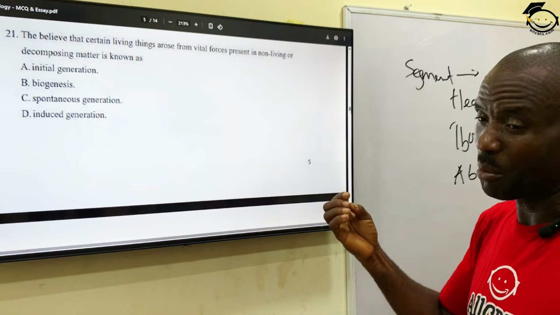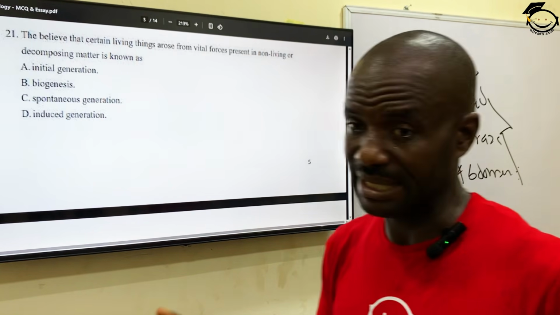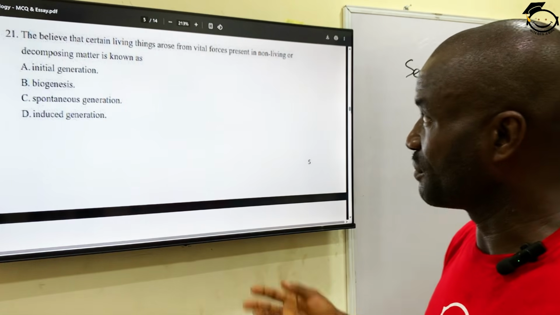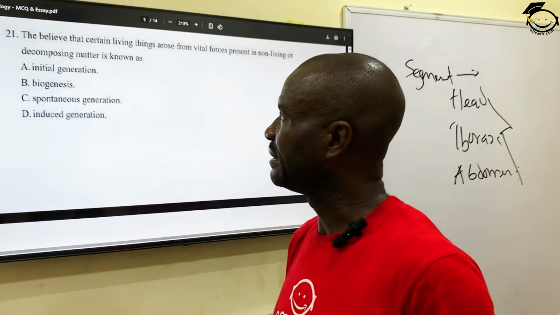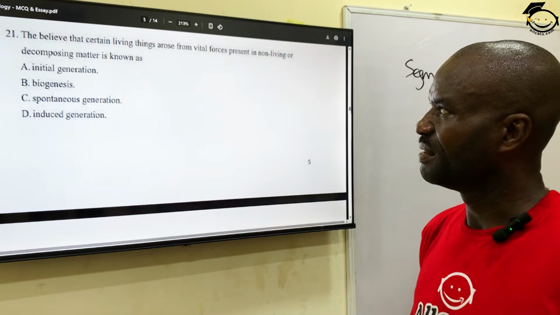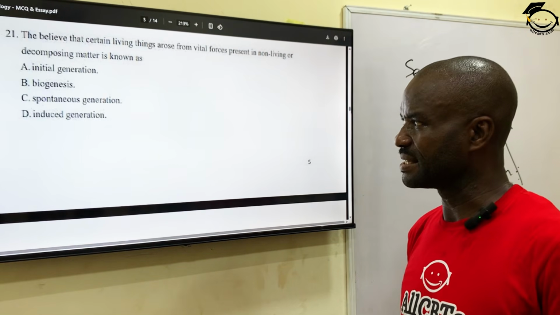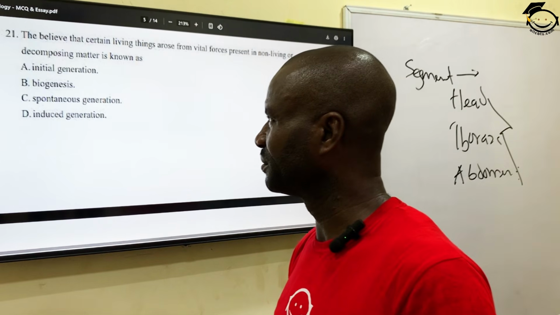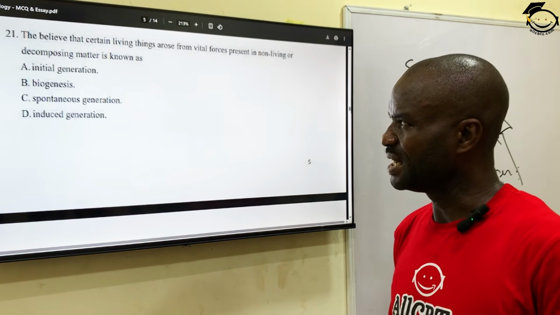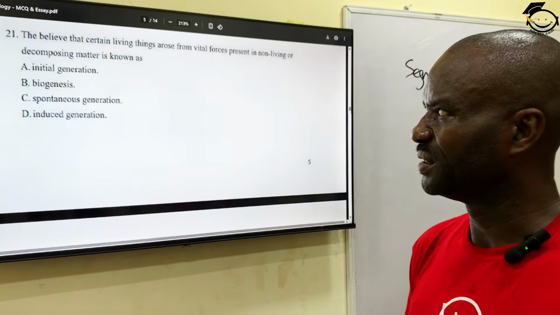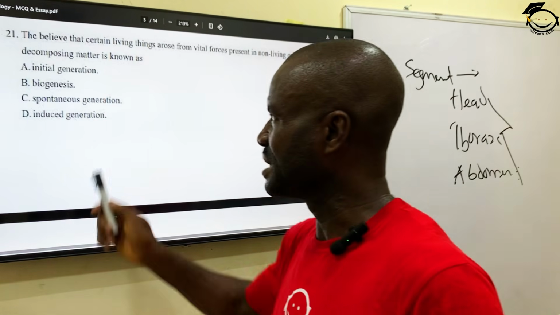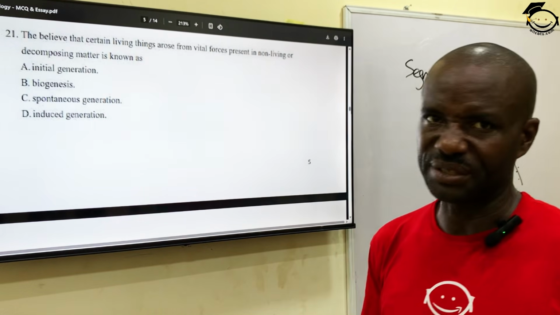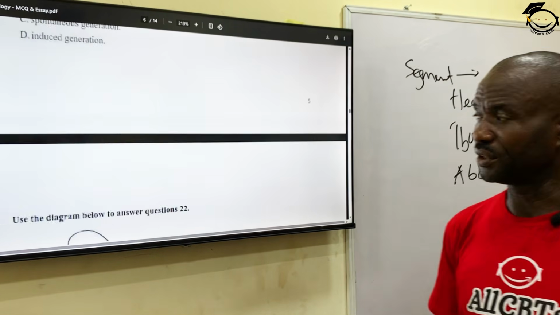Non-living or decomposing matter. So what is that belief called? A, initial generation. B, biogenesis. C, spontaneous generation. D, induced generation. The correct answer is C, spontaneous generation.